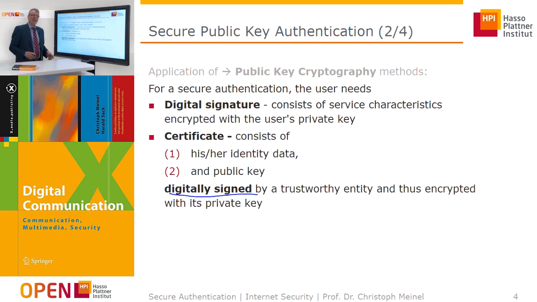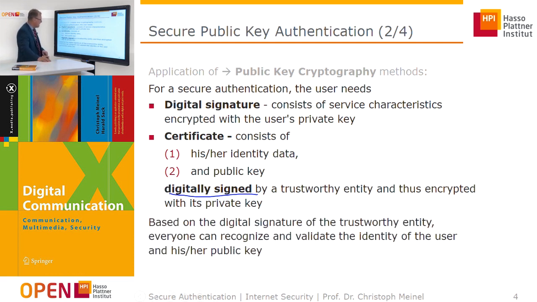Everyone in the net can check whether this is a digital signature of the trustworthy entity, of the trust center. And when the person believes in the work of the trust center, then he gets the public key of the user together with his identity data. And then, based on the digital signature of the trustworthy entity, everyone can recognize: yes, that's true, that public key belongs to this user.